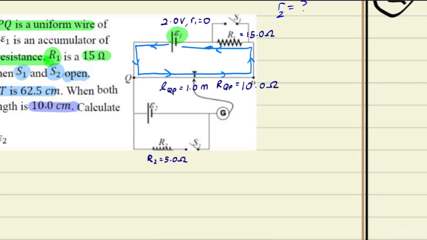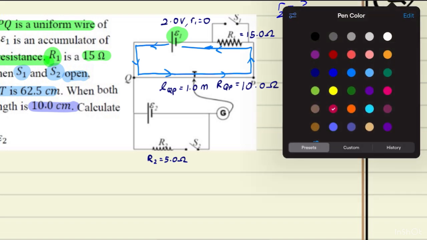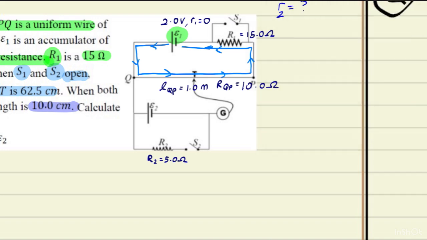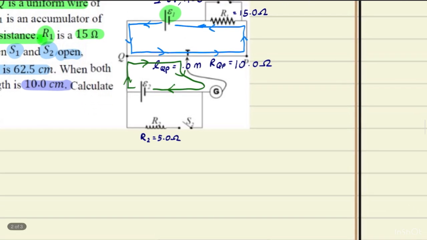Okay, and then the next one ialah here punya circuit. So kita color dia green, sebab itu info yang ada. Bagi green please. So here current lalu macam ni. Okay, the next one ialah this path.